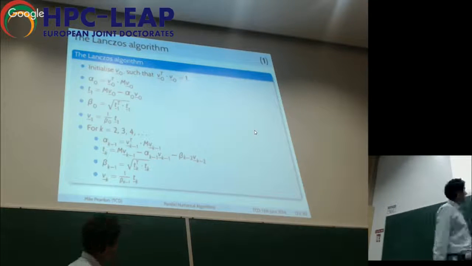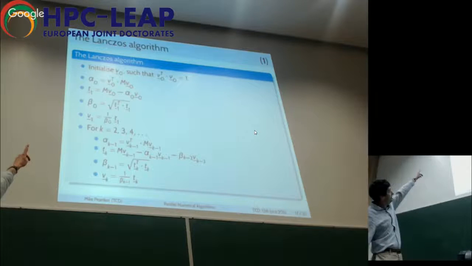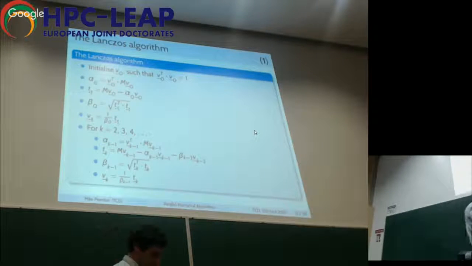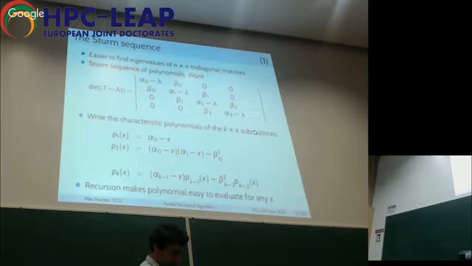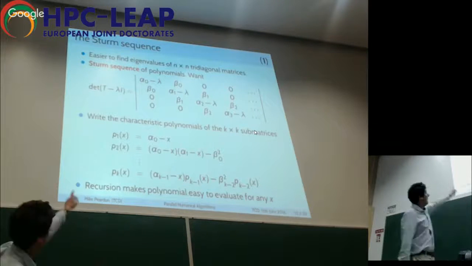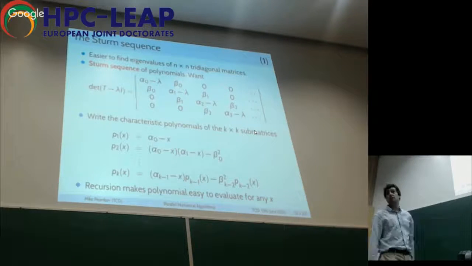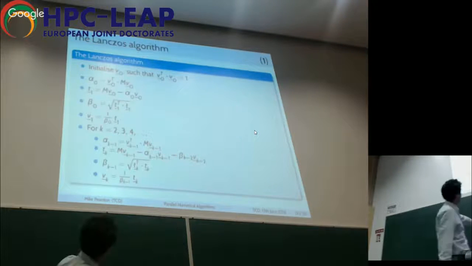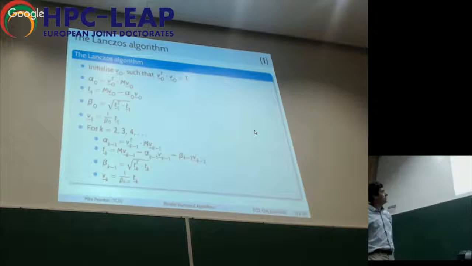So it generates these alphas and betas, or sequence of them, which are then going to be the diagonal and off-diagonal elements of our tridiagonal matrix. And it generates these V's, a sequence of vectors, which it turns out will be the columns of our unitary matrix that will map between our original problem and this tridiagonal form.